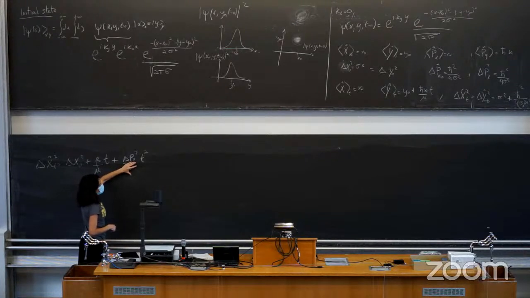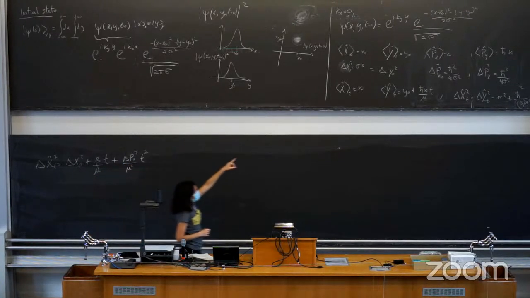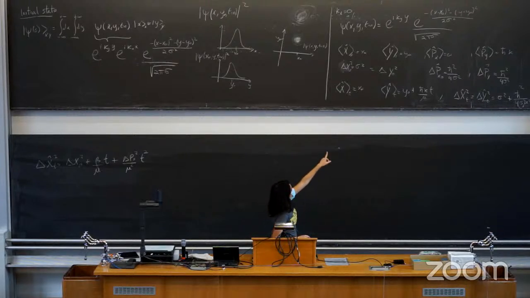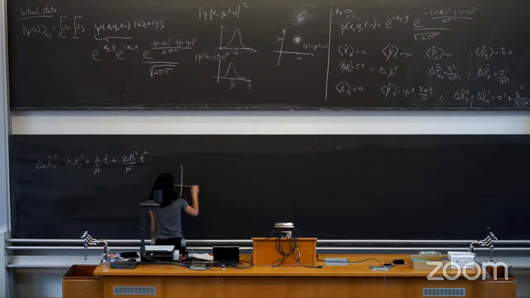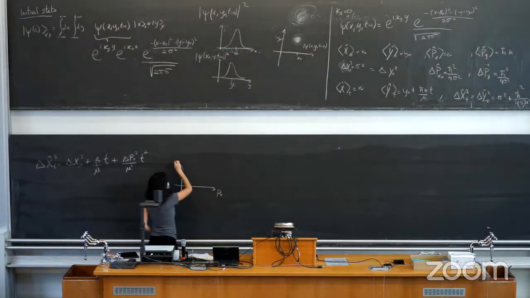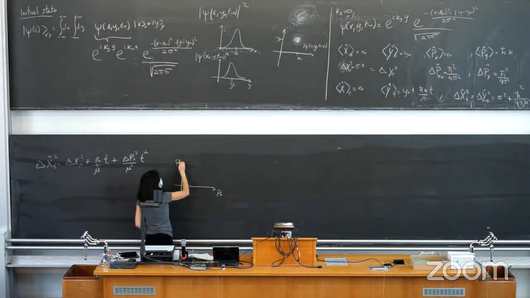And the spread in momentum is always there, because if you look at the initial wave function in momentum space, with Px and Py axes, it's going to be somewhere here.